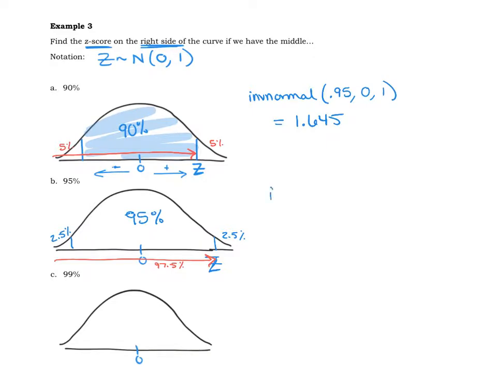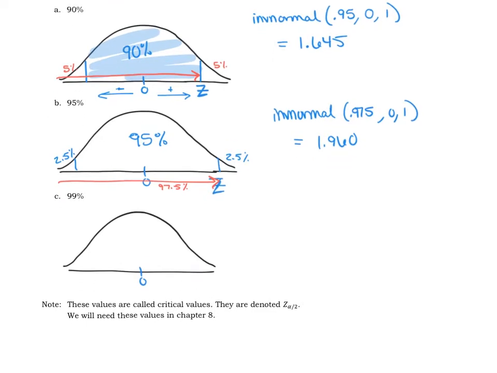So as we do an inverse normal, those of you without prompts, you're going to want 0.975, mean 0, standard deviation of 1, and you will get a value of 1.960.